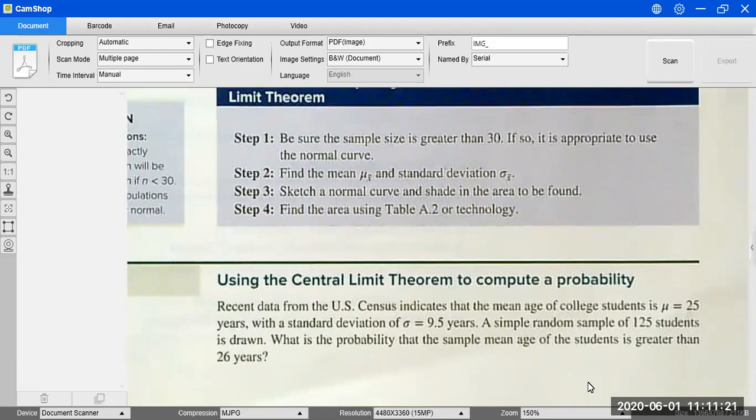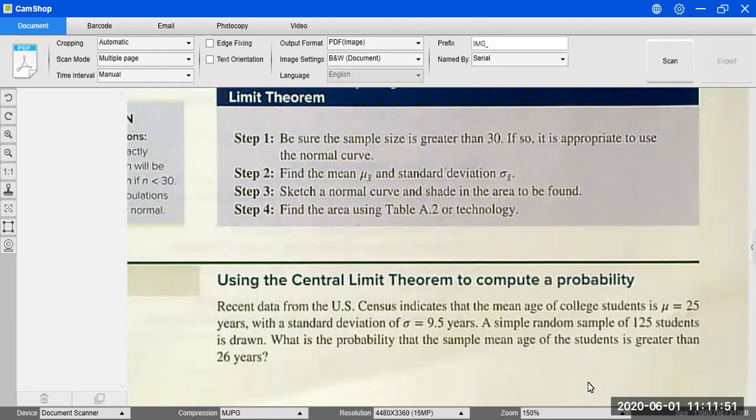Recent data from the US Census indicates that the mean age of college students is mu equals 25 years, with a standard deviation of sigma equals 9.5 years. Then a simple random sample of 125 students is drawn. What is the probability that the sample mean age of the students is greater than 26 years?